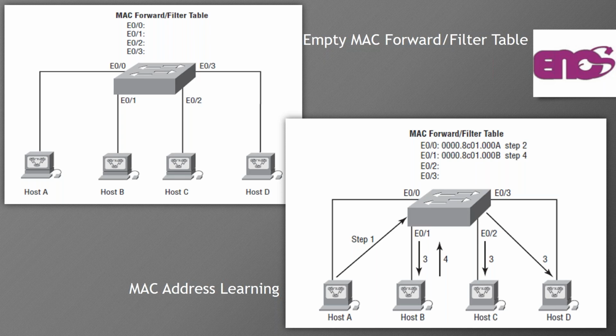Then the device that replies, the switch gets the MAC address of that device and populates its MAC address table. As you can see here, in step 1, host A sends a message. Step 2, the switch records the MAC address of the device connected to it. Then in step 3, it sends the message out and everybody gets it. Then in step 4, it records the MAC address of the device that responded. With this, the switch populates its MAC address table.